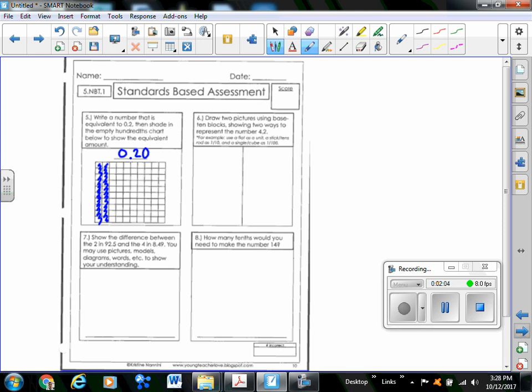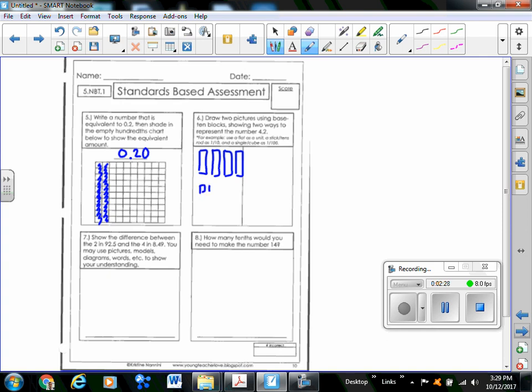Number 6, draw 2 pictures using base 10 blocks showing 2 ways to represent the number 4 ones and 2/10. Okay, 4 ones. 1 whole, 2 wholes, 3 wholes, 4 wholes, and then 2/10.